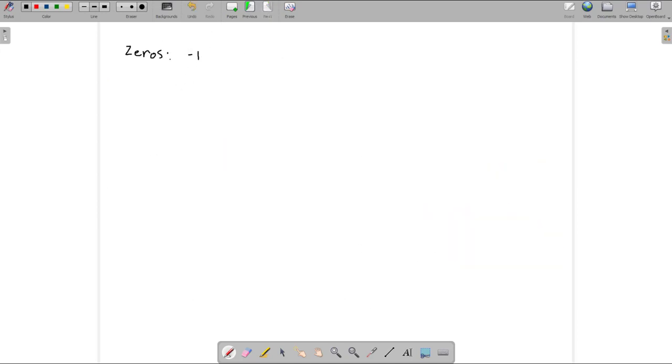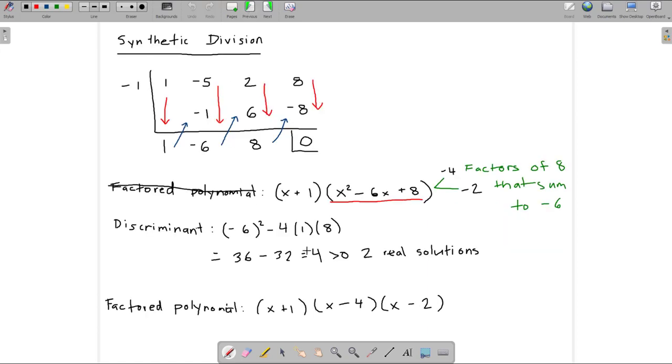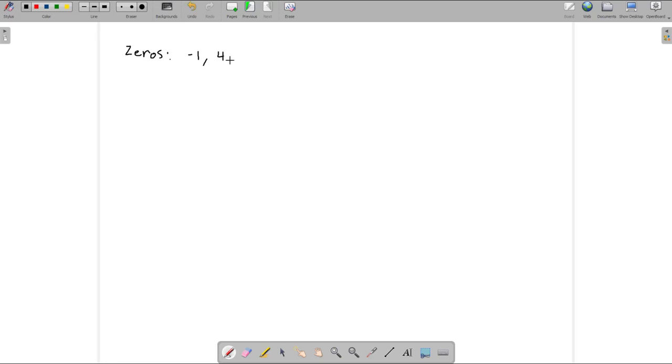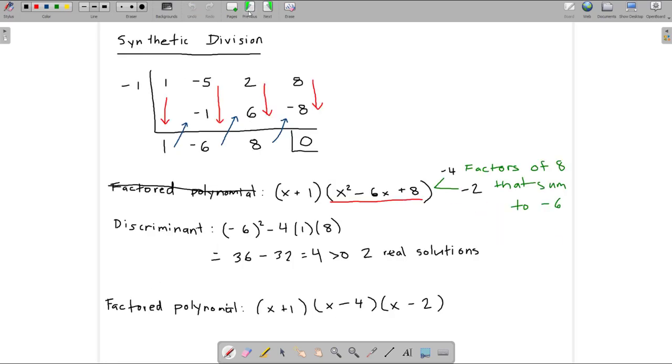So we had -1. We then solved this quadratic to find the two other ones, and the two other ones ended up being +4, +2, which we also saw here, 4 and 2. And we have all three of them here.